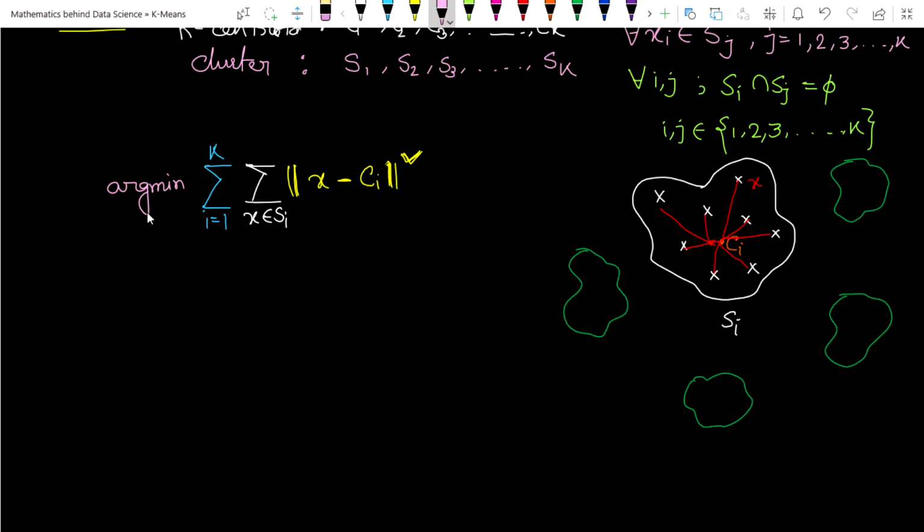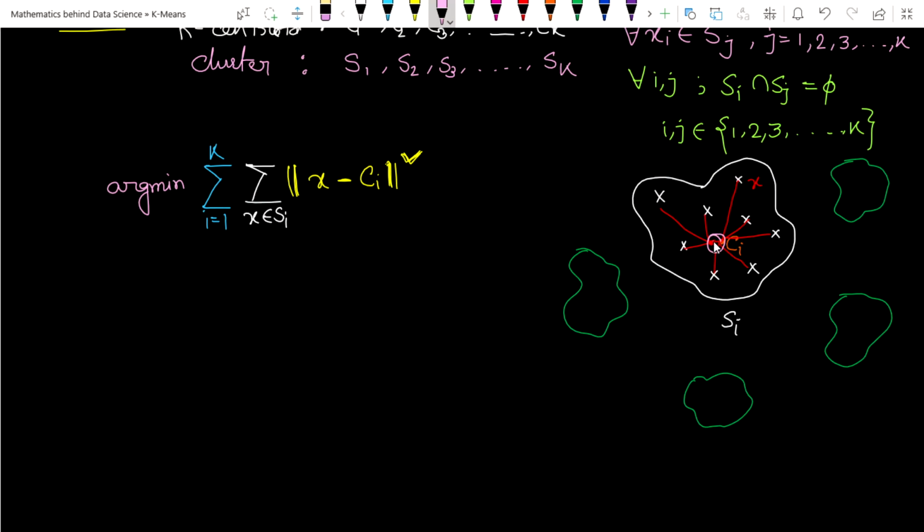I think in this lecture you understand how these things come about. So for the arg min, what do we have to find? We have to find the centroid value.